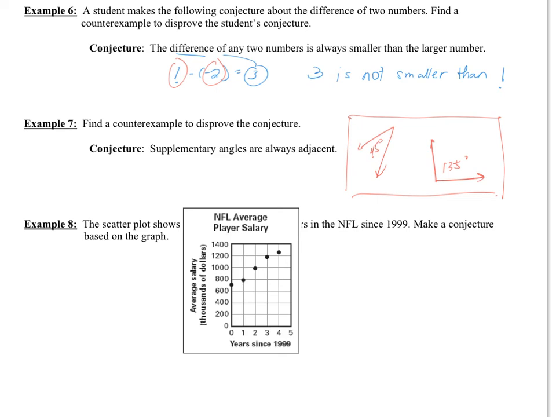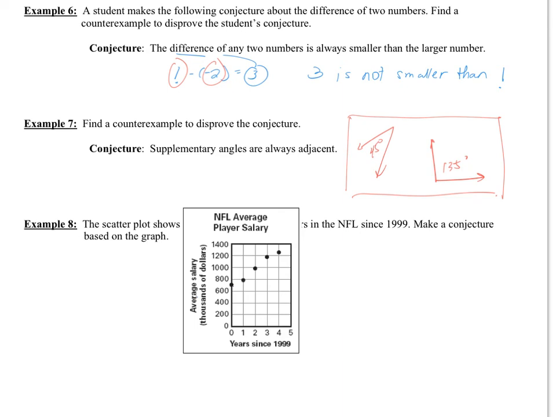very quickly. The scatter plot shows the average salary of players in the NFL since 1999 and make a conjecture based on the graph. As you can see, ever since 1999, the average salary has been increasing.